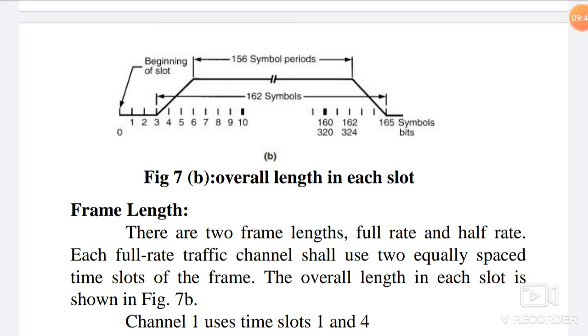And we have MAHO, which is nothing but mobile associated handoffs. So how are the handoffs going to happen in this? The mobile station performs signal quality measurements on types of channels. It measures the RSSI, the received signal strength indicator, and the bit error rate information of the current forward traffic channel during a call.